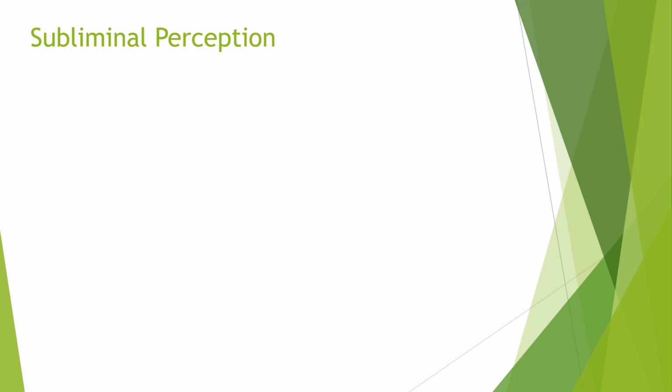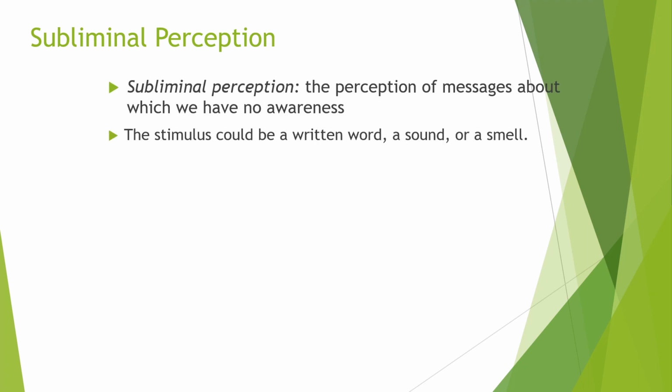Now, the last thing that I want to talk about in this module is subliminal perception. Subliminal perception is when you are perceiving messages that you don't have any awareness of. It's below your level of consciousness, right? The stimulus could be a written word, a sound, or a smell.